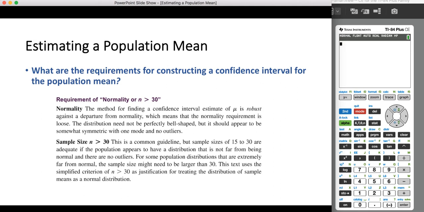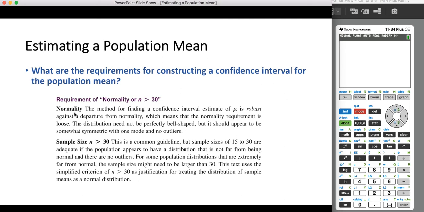The data that we are using to construct this confidence interval has to be normally distributed. So we have to look at the data and see if it has that general bell shape. If it does, then we can construct that confidence interval for the population mean.